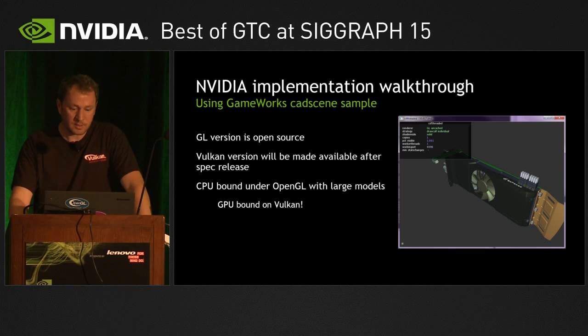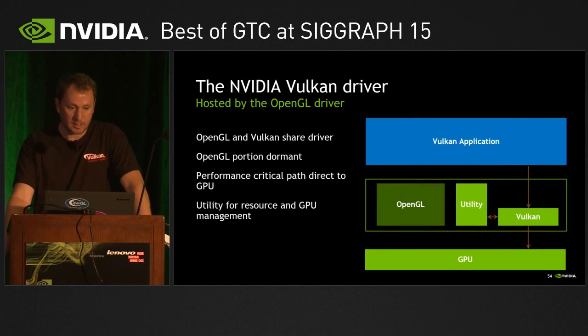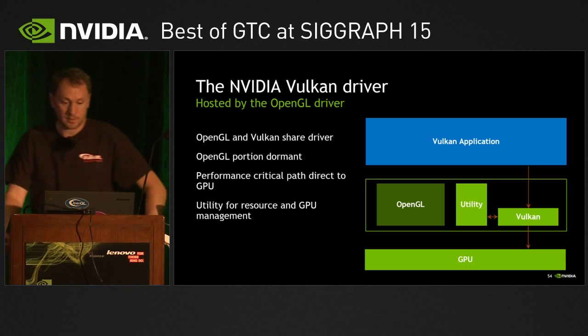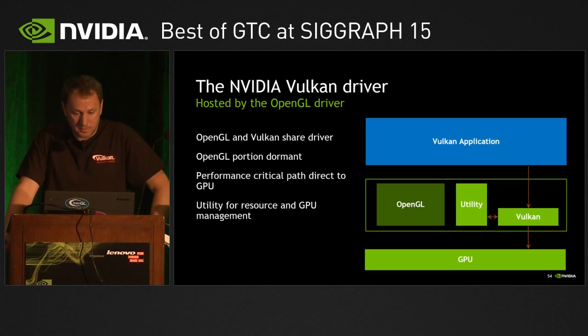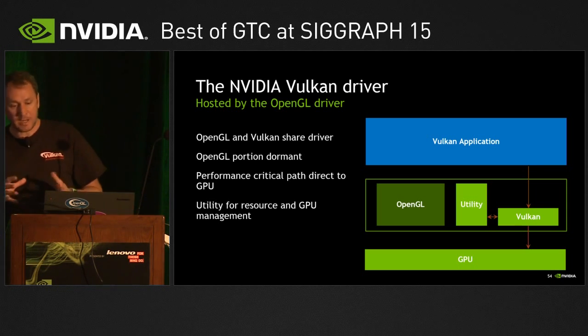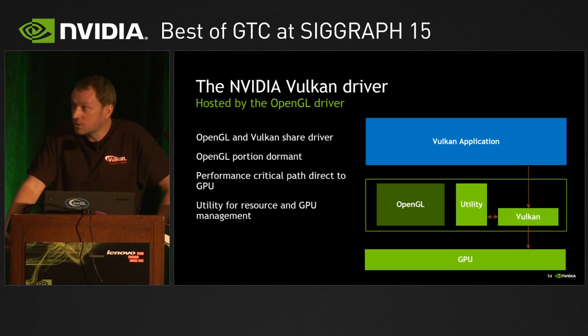But one of the unique things about this application is that it mixes both OpenGL and Vulkan together. So our implementation of the Vulkan driver is hosted by our OpenGL driver. And the great thing about this is that anywhere that we can ship our OpenGL driver, we can ship our Vulkan driver as well. And there's a lot of leverage we can get between OpenGL and Vulkan.